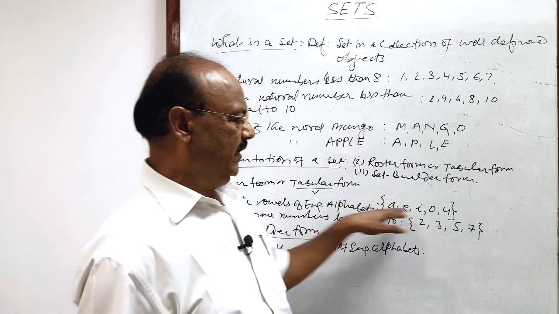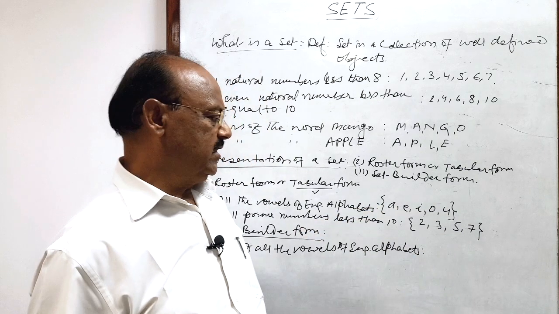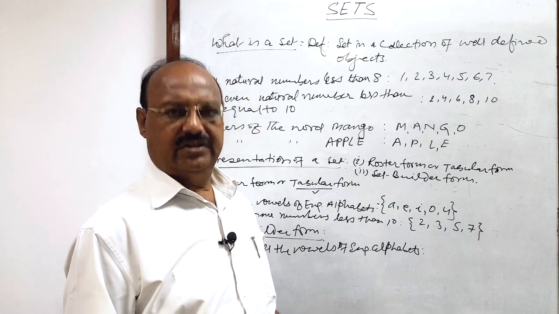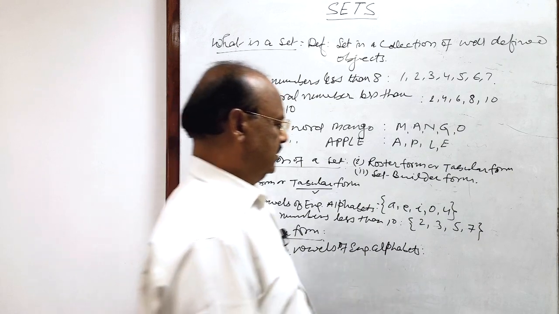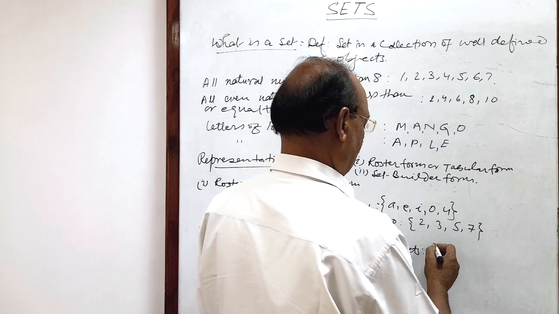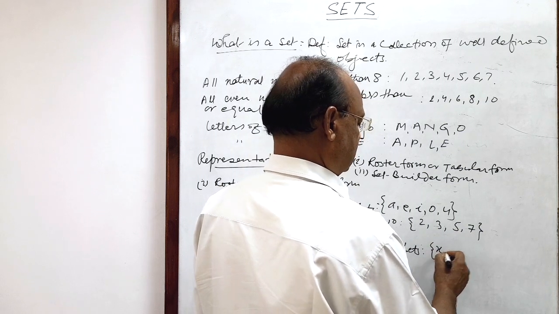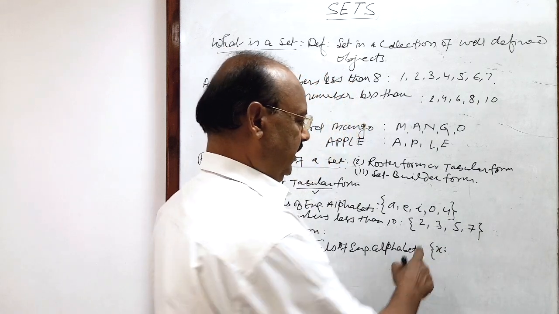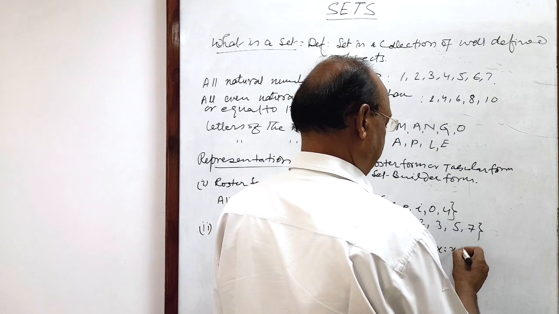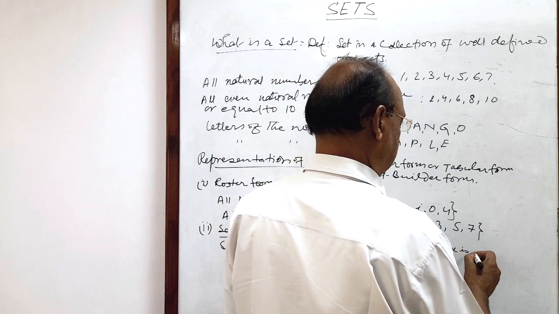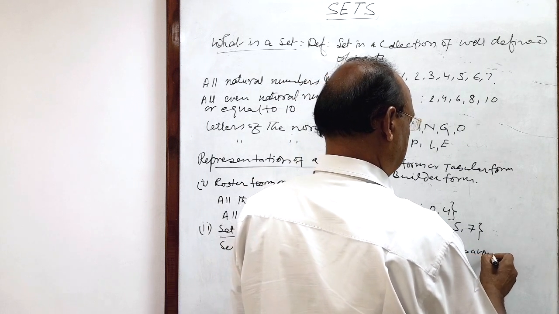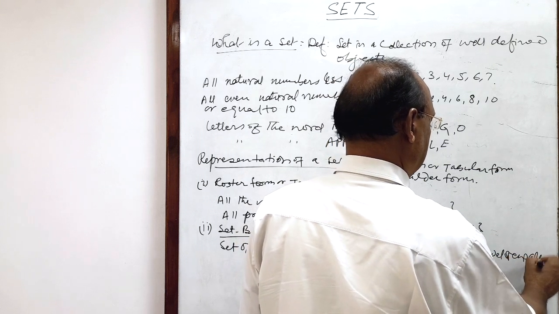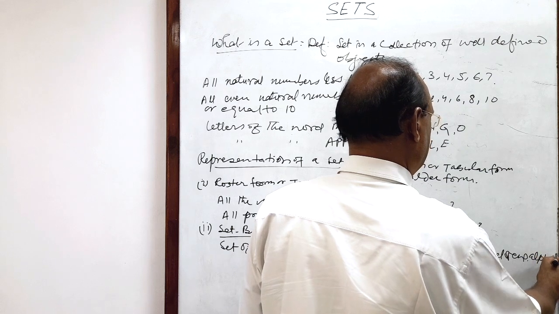Then we should not mention all these vowels separately, but simply we will mention the properties. Okay, like this. X, this colon is read as such that. So X such that X is a vowel of English alphabets.